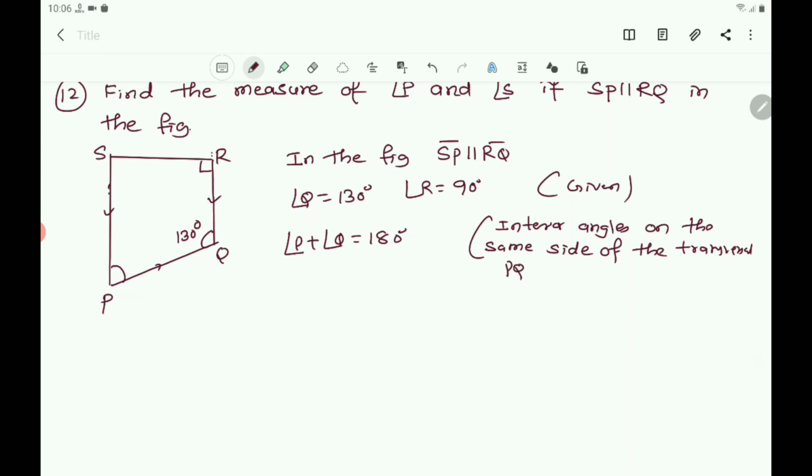So angle P plus angle Q, which is 130 degrees, is equal to 180 degrees. Therefore angle P is equal to 180 degrees minus 130 degrees, that is equal to how much? 50 degrees.